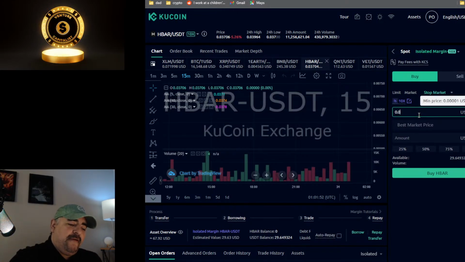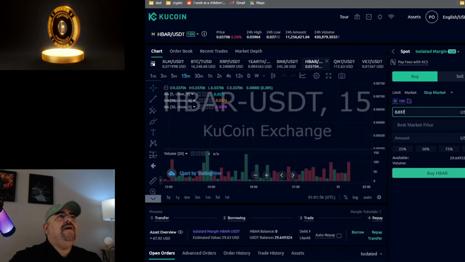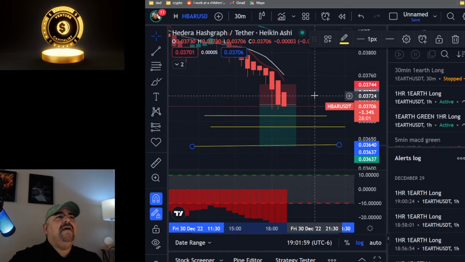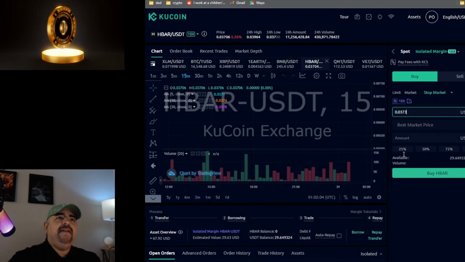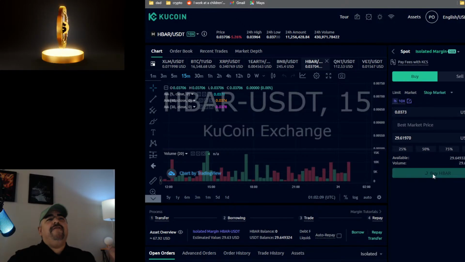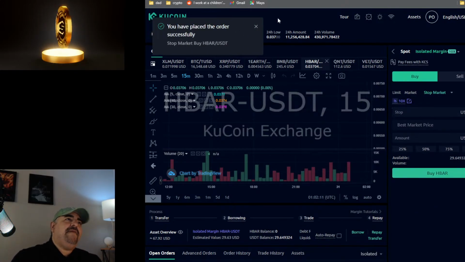So 0.0373, I think it was. So then I put that in there, 0.0373, buy back 100%. So if H-bar spikes to that level, that's my stop loss.